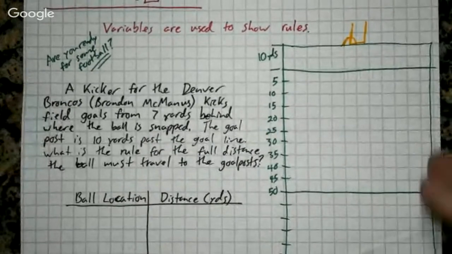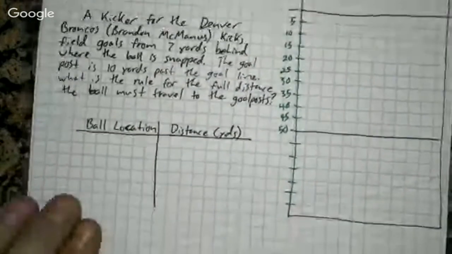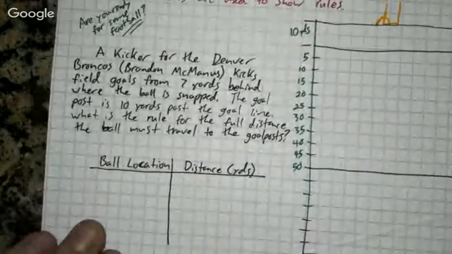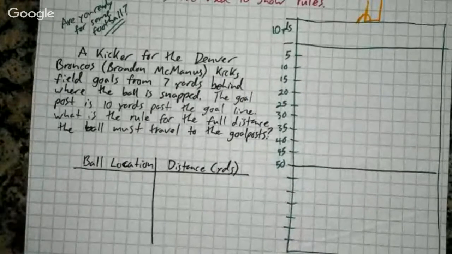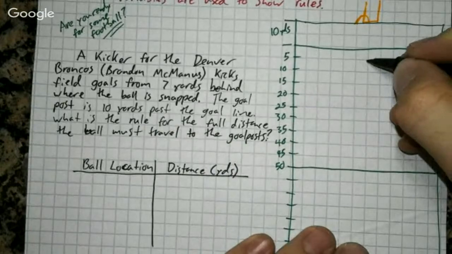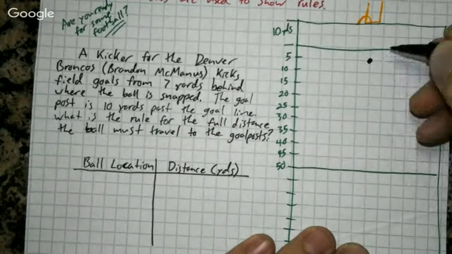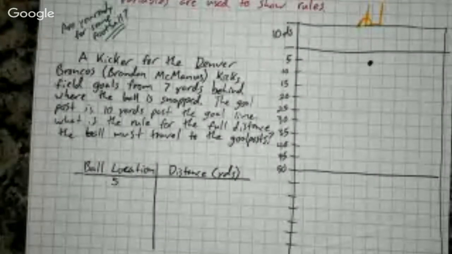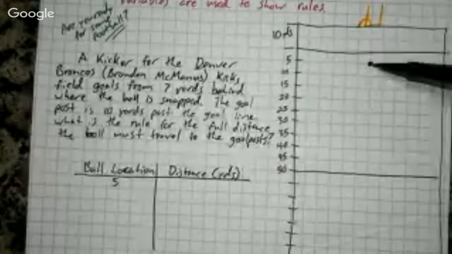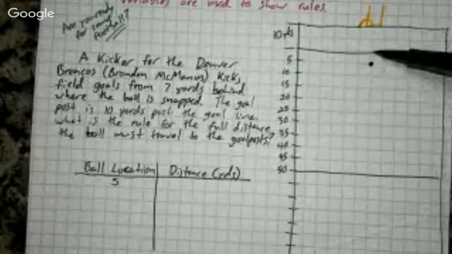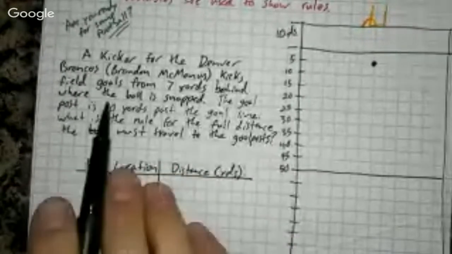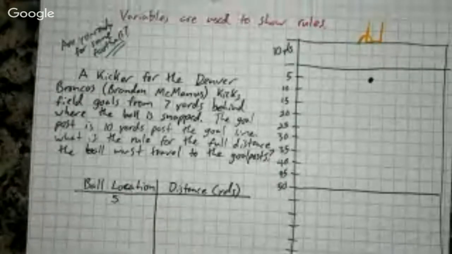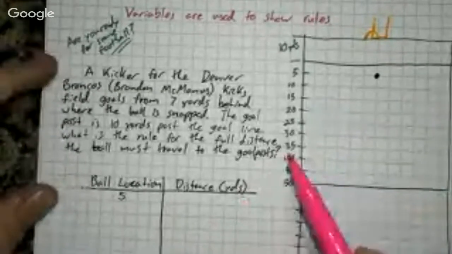So there's several things we need to understand about this situation. If we're looking at the field, let's start with the simple one. If the ball is sitting on the 5-yard line, okay, so the ball location is the 5-yard line. The ball does not need to travel only 5 yards because this is not where it's being kicked. So if we look back up here, there's a few distinct rules we need to make sure we're listening to.